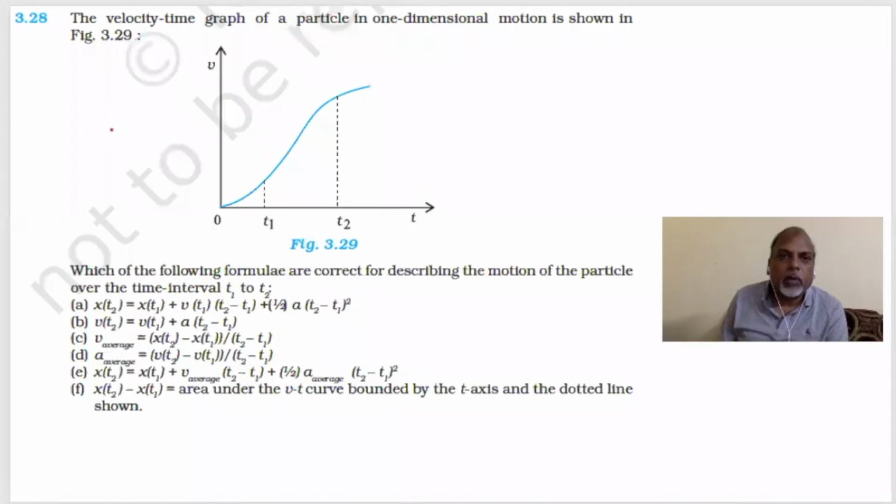Now we will come to question number 28. That is our last question. The velocity time graph is given. Which of the following formulas are correct for describing the motion of a particle over a time? Now, basically it is a VT graph and this is a curve.